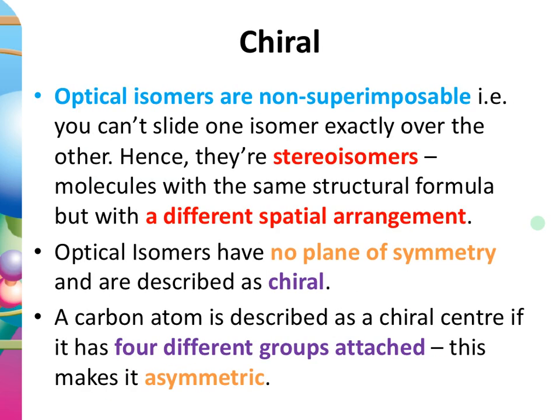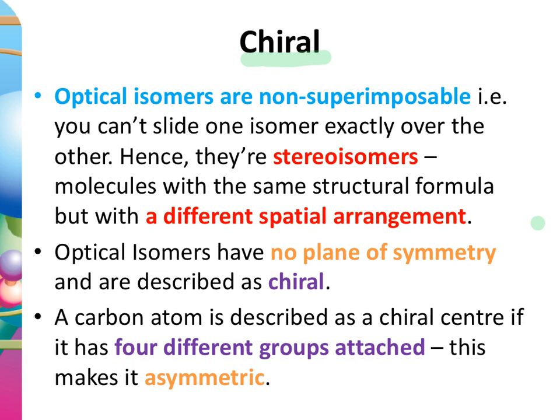Okay, so the eagle-eyed of you would have noticed on an earlier slide, I skipped over it, and I shouldn't really have written it in hindsight, because this is the point of this slide, to introduce it, but you would have seen that word chiral earlier. So one of the things that we stated right at the beginning was that optical isomers are non-superimposable.